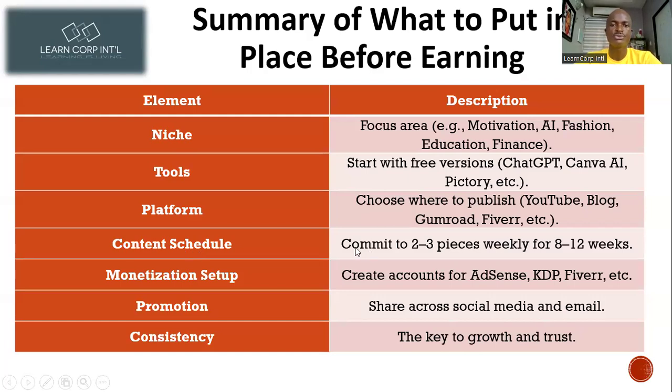You can commit 2 to 3 pieces weekly for 8 to 12 weeks. We can do that with Later. Monetization setup: create accounts for AdSense, KDP, Fiverr. Like I showed you AdSense, I told you Gumroad, I showed you Fiverr. You can actually use some of those. And promotion, you can share across all media.